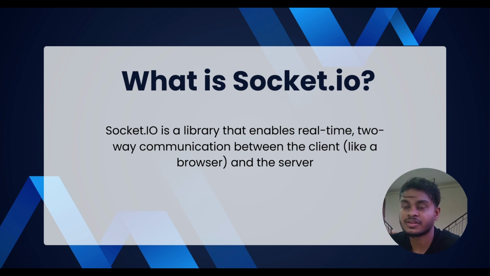The response status code is 101, which is used for switching protocols. After switching protocols, a tunnel is created between the client and server. So now both can send and receive messages instantly without reloading the page. So this is the socket hierarchy.